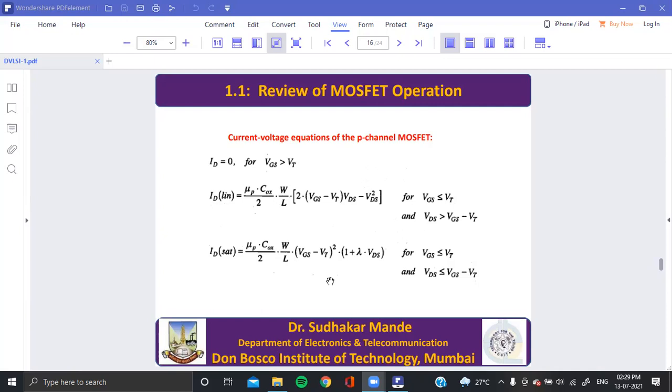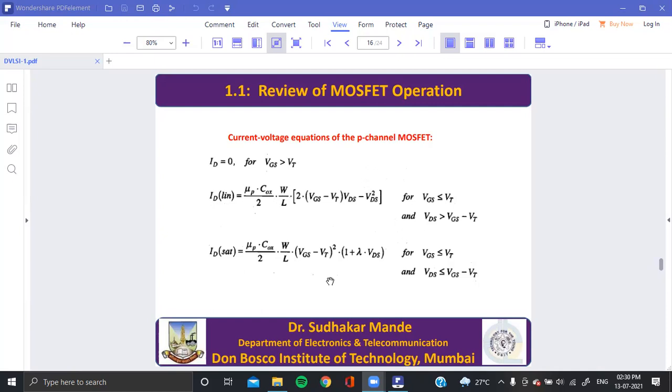When VDS is small, there is a channel from source to drain. But when you increase the drain voltage, the gate voltage is not sufficient to create the channel at the drain side, so the channel becomes less at the drain and the pinch off point goes toward the source.